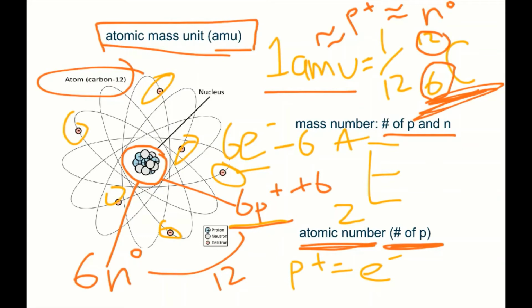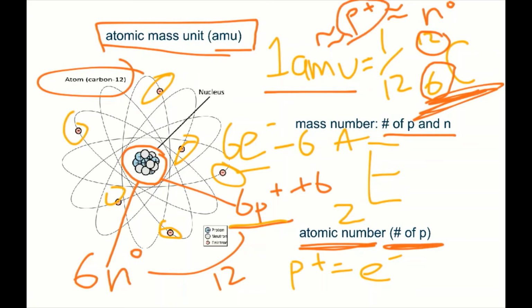Now, let's talk about what exactly defines an element. In previous videos, I told you that an element describes the type of atom we have, but what is that thing that we look for that differentiates between the different atoms? Well, the truth is that an element is dependent on how many protons you have.